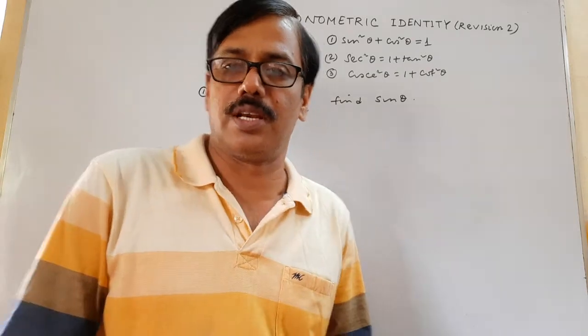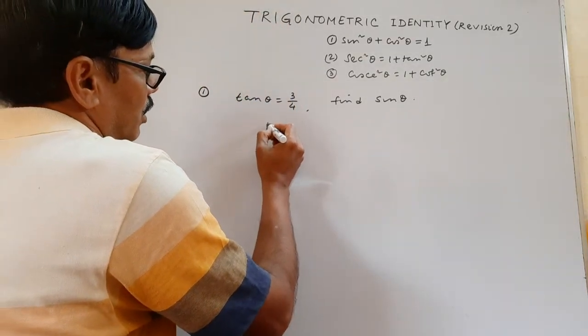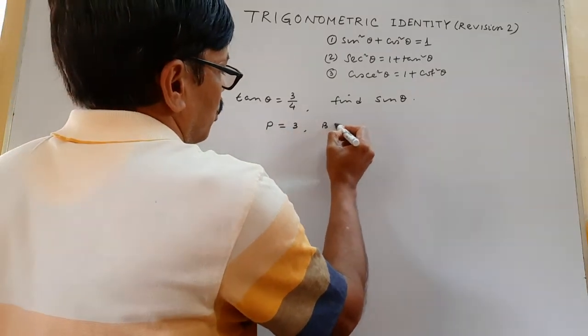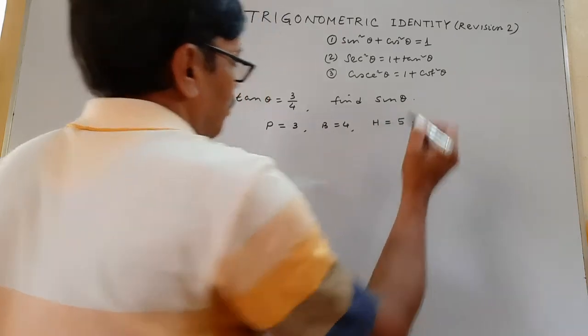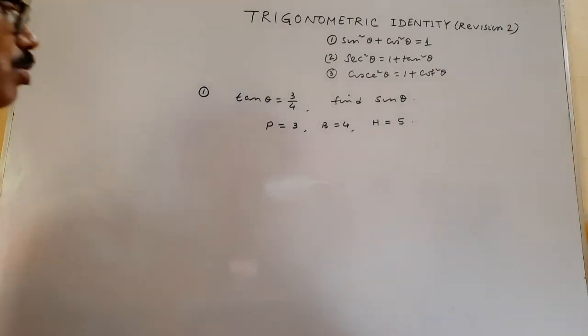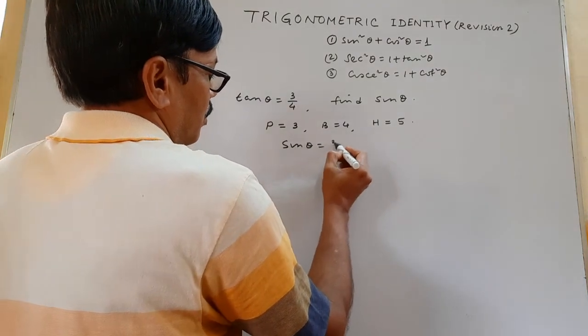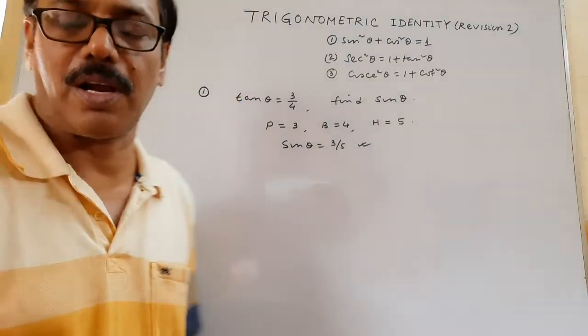In class 10, you have solved it in this way. Tan theta, that is P, perpendicular is 3, base is 4. So what is hypotenuse? Hypotenuse is 5, from 3 square plus 4 square. So what is sine theta? It is 3 by 5.